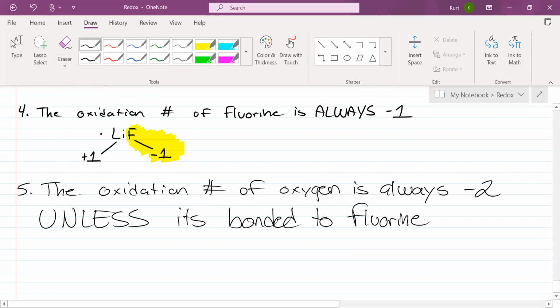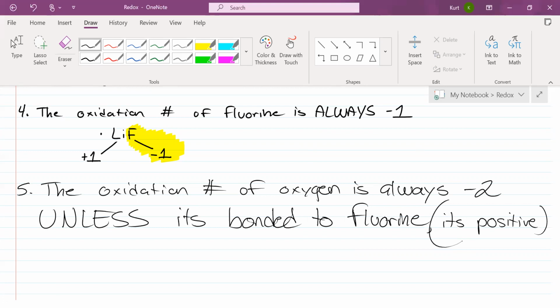In the event that it's bonded to fluorine, it's positive. It's always going to be -2. However, if it is ever bonded to fluorine, it's going to be a positive. What's that? No, just positive. It depends how many fluorines there are.